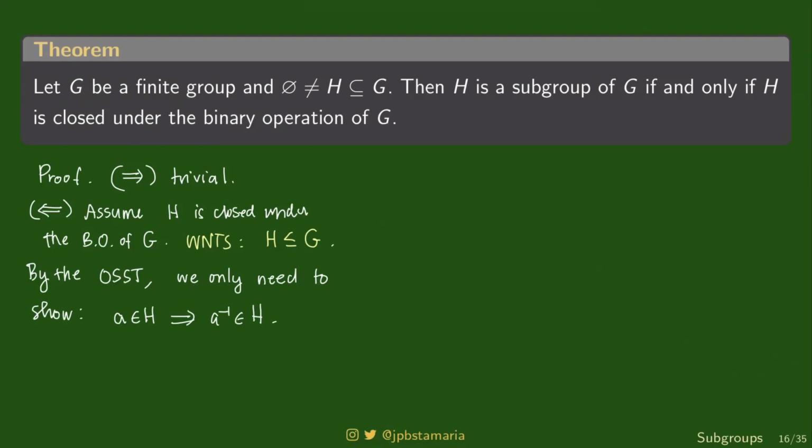Bakit magka-follow ito? Bakit ito na lang kailangan nating i-prove? Kasi kung closed ka na under inverses, tas closed ka pa under multiplication, magka-follow na for all A, B in H, magka-follow na ng AB inverse nasa H. Kasi kung closed ka under inverses, si B ay nasa H, yung B inverse nasa H. Ngayon, kung si A at saka si B inverse nasa H, yung AB inverse nasa H na.